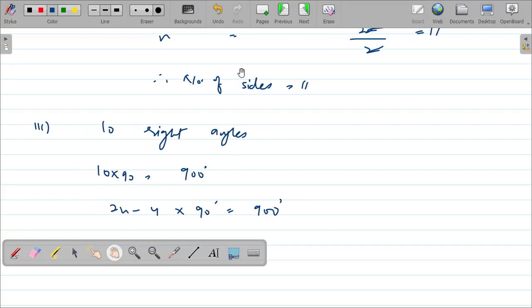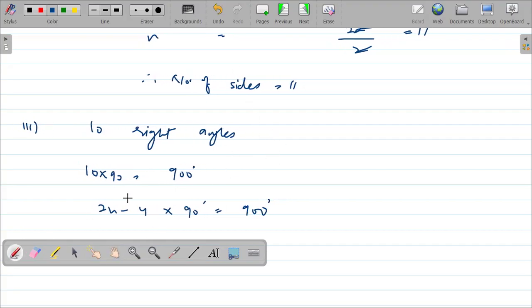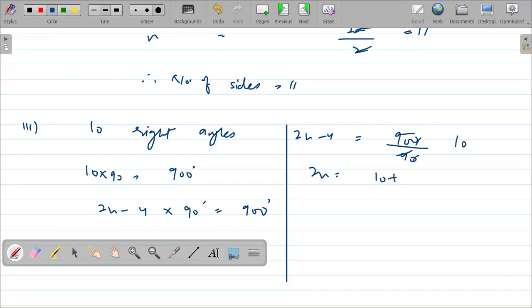So we'll be writing 2n minus 4 equal to 900 upon 90, that is 10. So 2n would be 10 plus 4, and n would be 14 by 2, that is 7. So we'll be writing therefore number of sides would be what? 7.